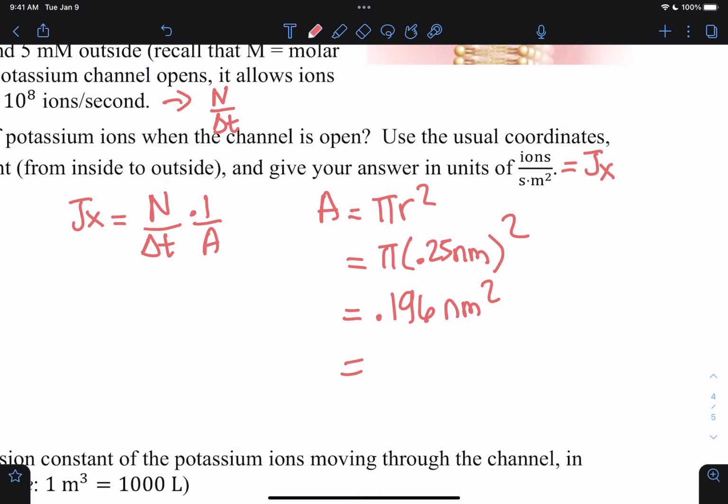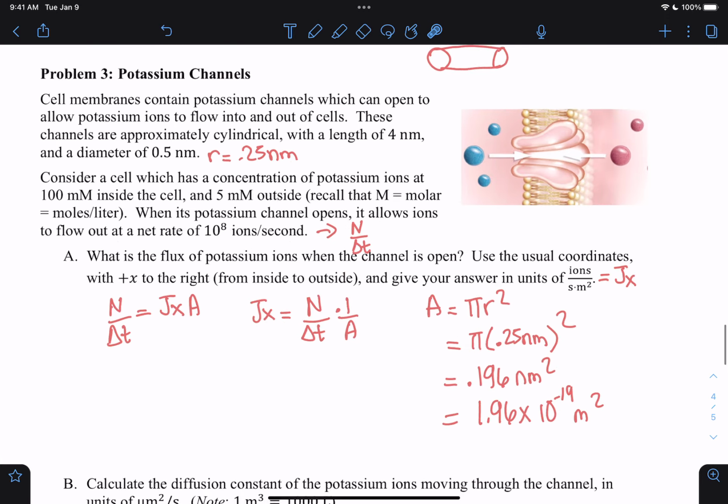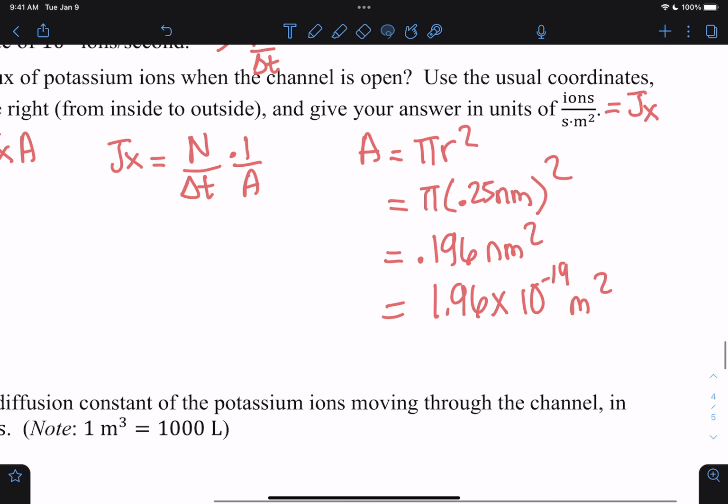If you do your conversions, that should be 1.96 times 10 to the negative 19 meters squared. I'm just skipping the conversions for now, because I want to make sure I get through the rest of these parts. But that's our area, pi r squared.